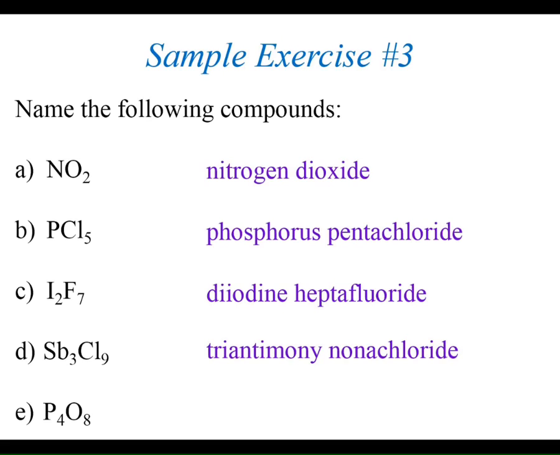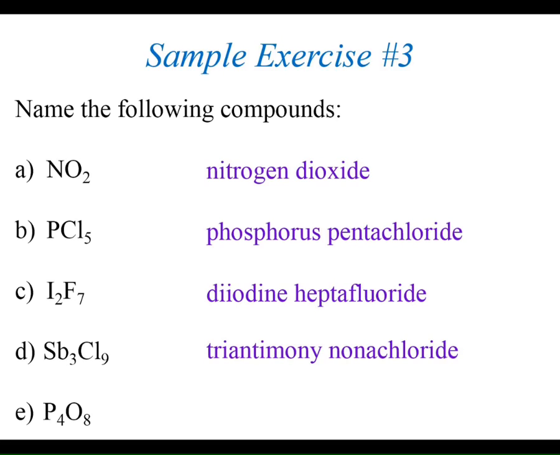So I told you metalloids are kind of like this hybrid between metals and nonmetals. And even their naming scheme is a hybrid. It's your choice. So that means since it's in the middle, you can name it like an ionic compound, which would be antimony(III) chloride, or you can name it like a molecular compound, triantimony nonachloride. So yeah, that's one I warned you. It's a metalloid, it's your choice.